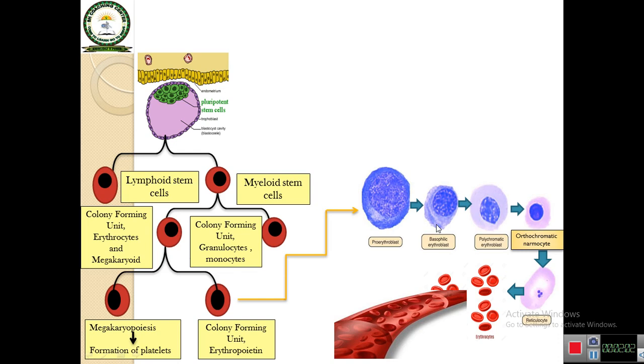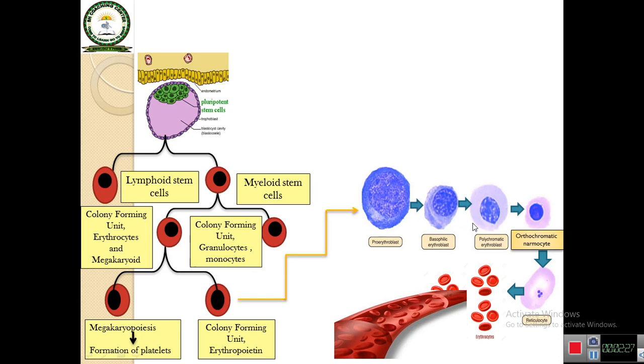Because the color of the cytoplasm is bluer than the proerythroblast and the nucleus is smaller. And the formation of ribosomes occurs more in this basophilic stage than in the proerythroblast.